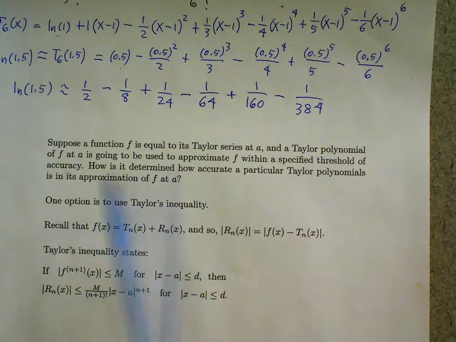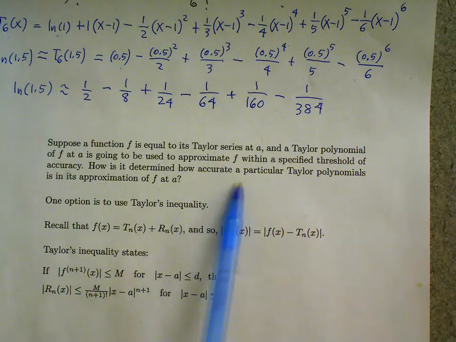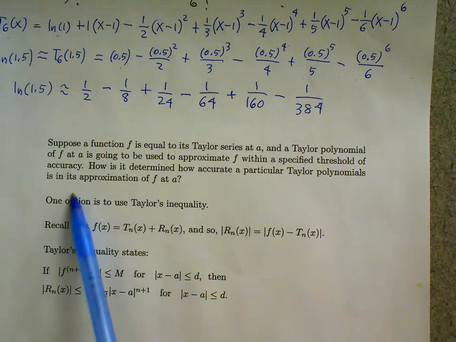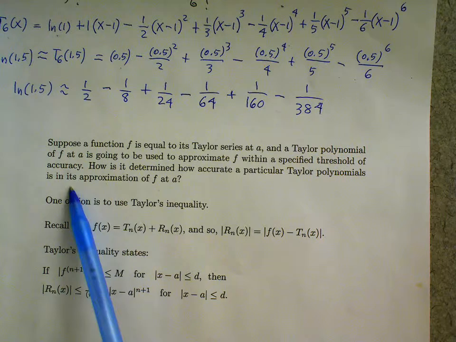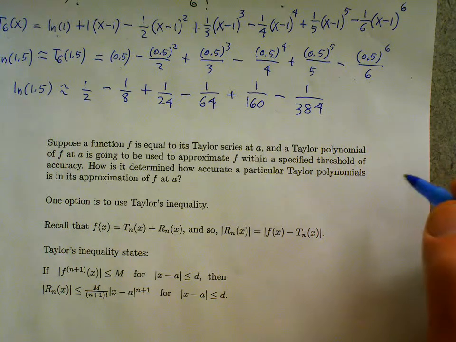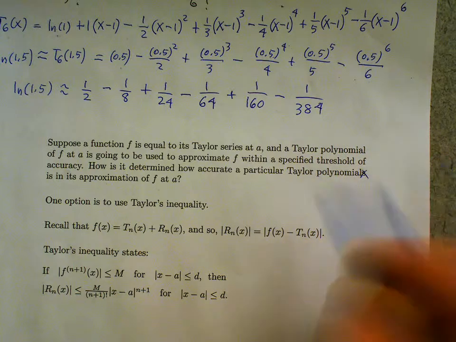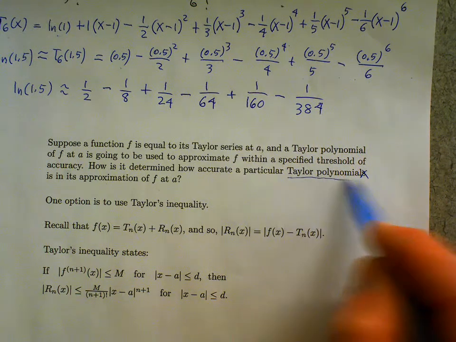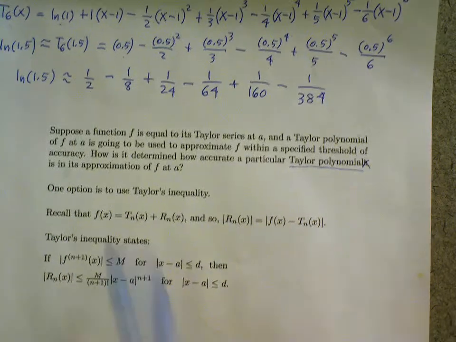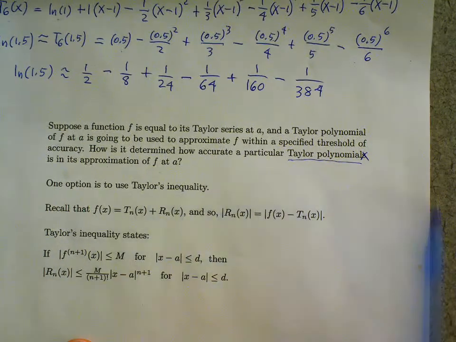So the question is, how is it determined how accurate a particular Taylor polynomial is in its approximation of f at a? So that should be singular, Taylor polynomial. One option is to use Taylor's inequality.